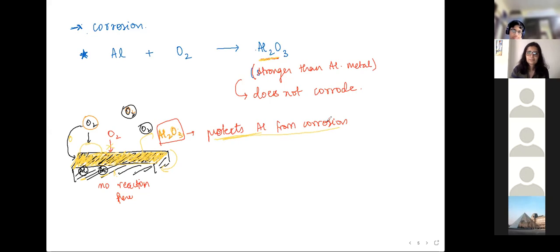So what people do, before this happens naturally, is coat aluminium with a layer of oxide to protect it from corrosion.